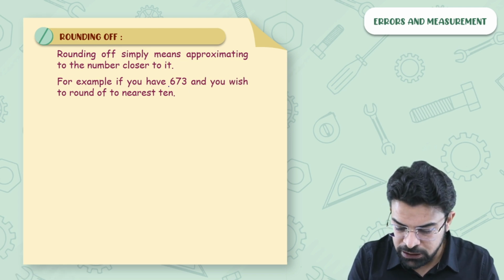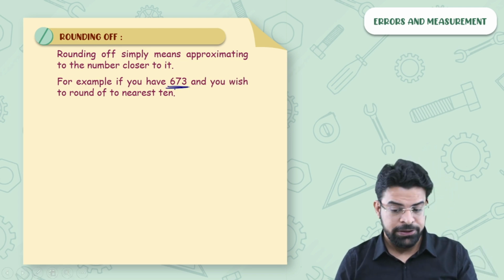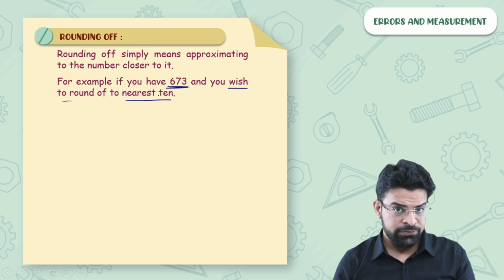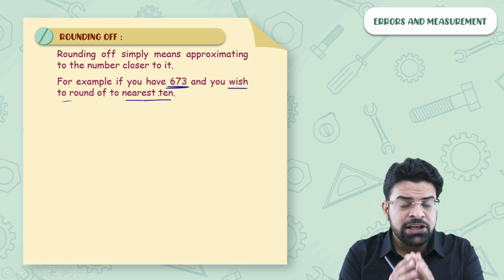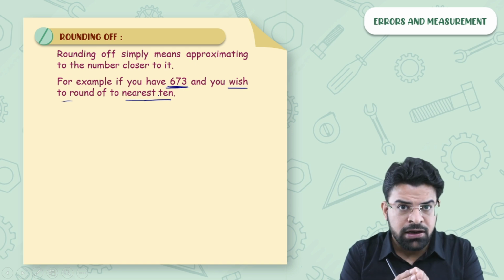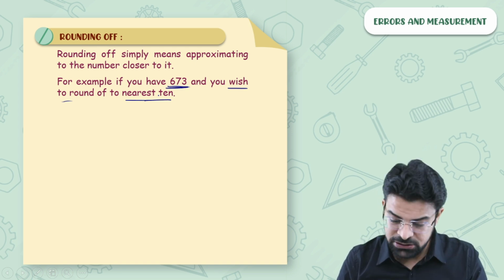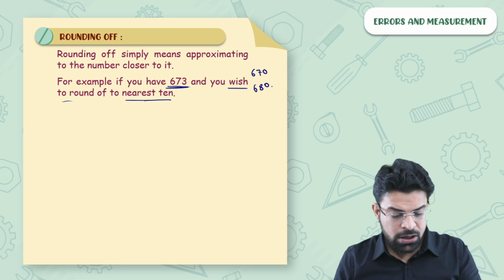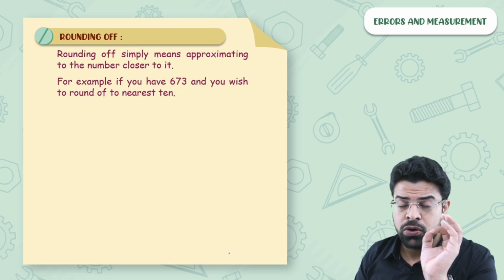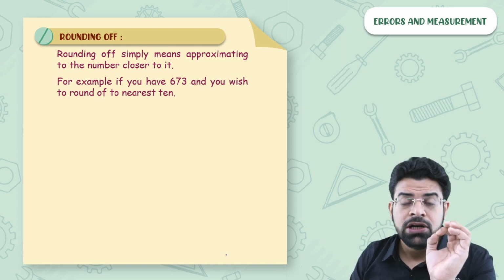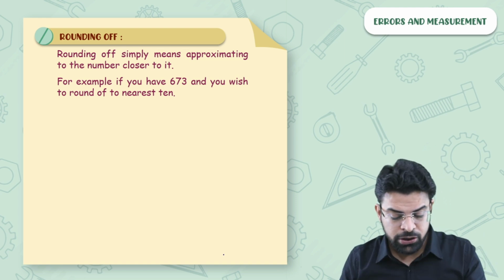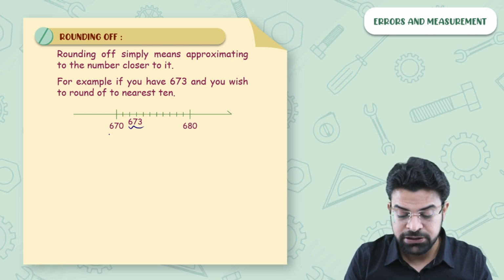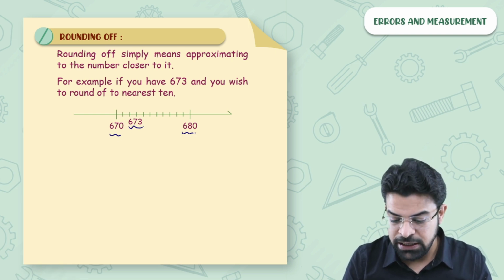For example, if you have 673 and you wish to round it off to the nearest 10, which are the nearest multiples of 10 to 673? You will say, sir, one is 670 and one is 680.